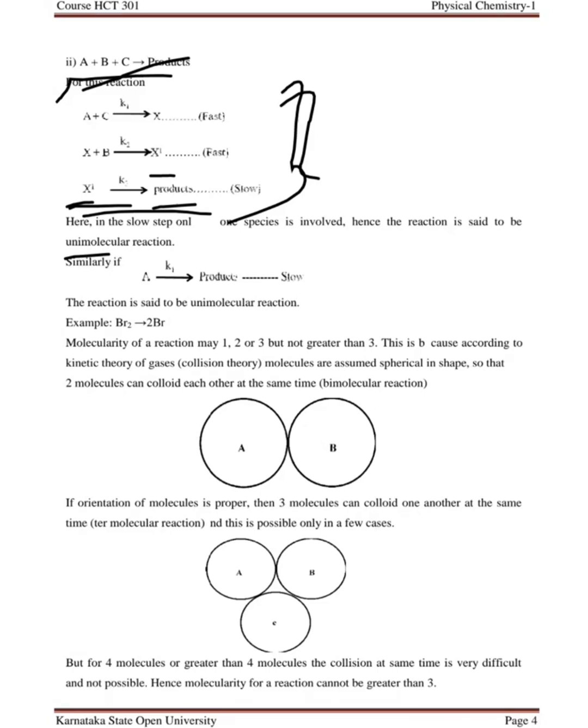The next topic is the molecularity of the reaction, whether one, two, or three molecules are giving the product. This is known as molecularity. Whether up to three molecules take part in the reaction, it is known as the molecularity of the reaction.